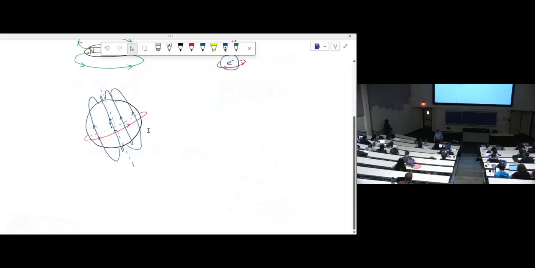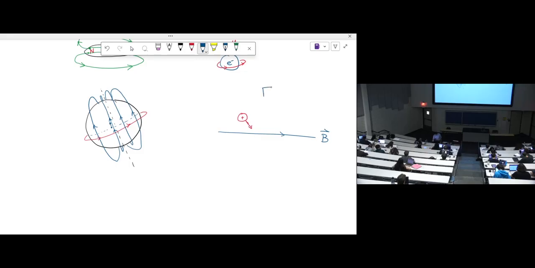But force is equal to QV cross B. So let me go back to my set of drawings here. Let's go with the proton. So this is a proton, and it's got some sort of velocity like this. And let's say that the magnetic field lines, B, look something like this.